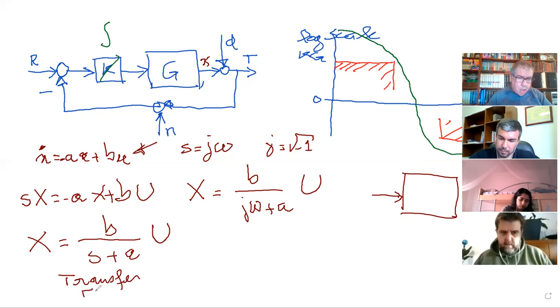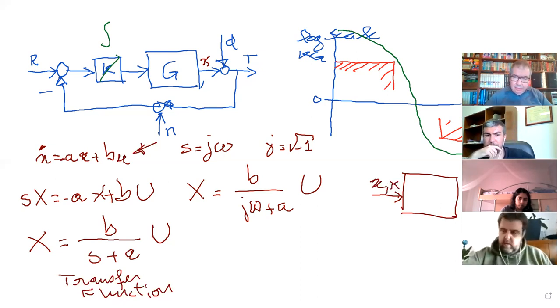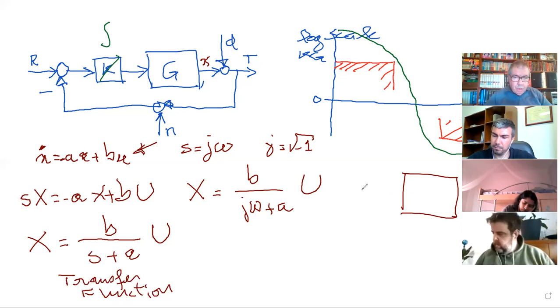It transforms the input to the output. So I have U, or capital U, and I have X, or capital X, and here I have one of those things. So I put here a sinusoid.